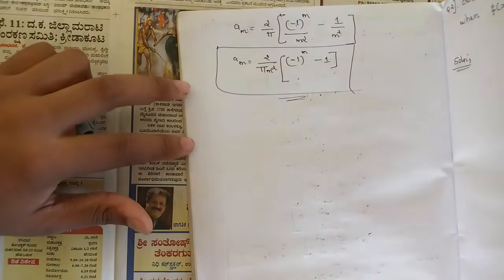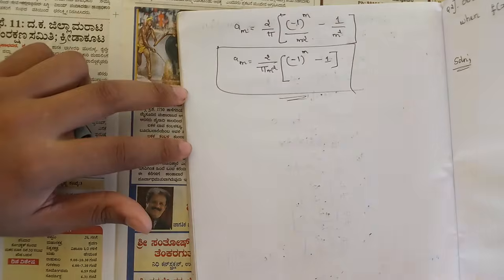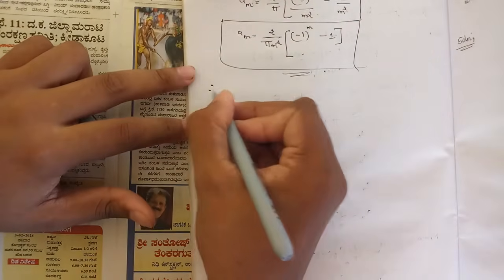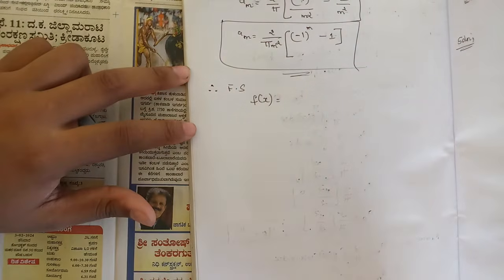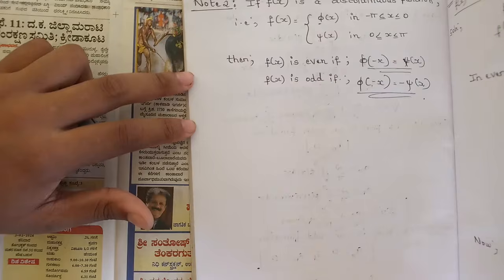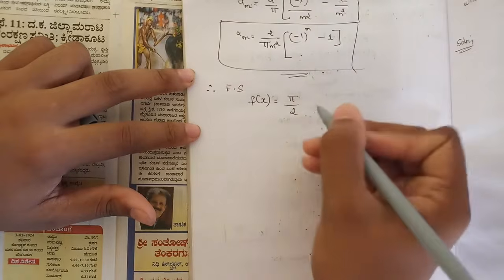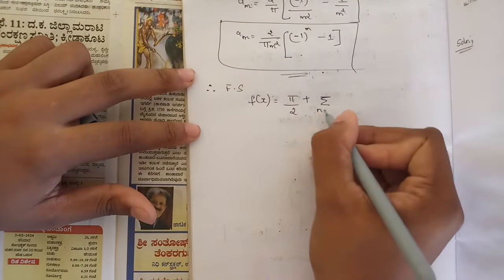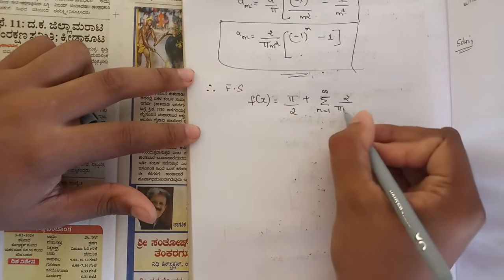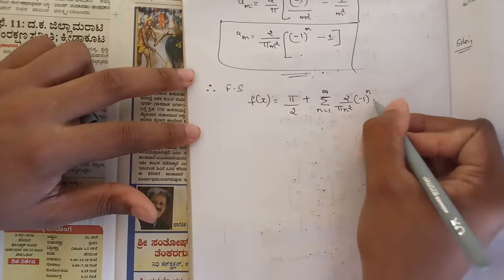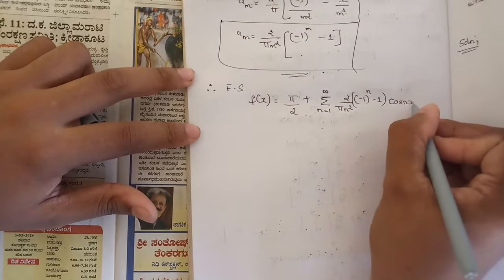So this is the value of an. We have found the Fourier coefficients: Bn equal to 0, and we found a0 and an. Now we'll write the Fourier series. f of x is equal to a0 by 2, that is pi by 2, plus summation n from 1 to infinity of 2 by pi n square into minus 1 to the power n minus 1, cos nx.